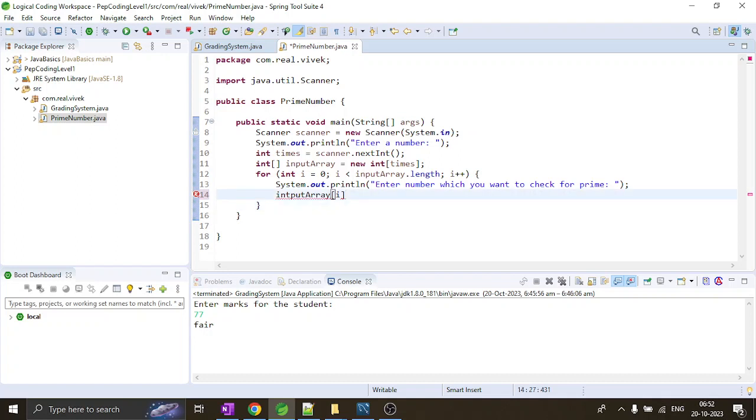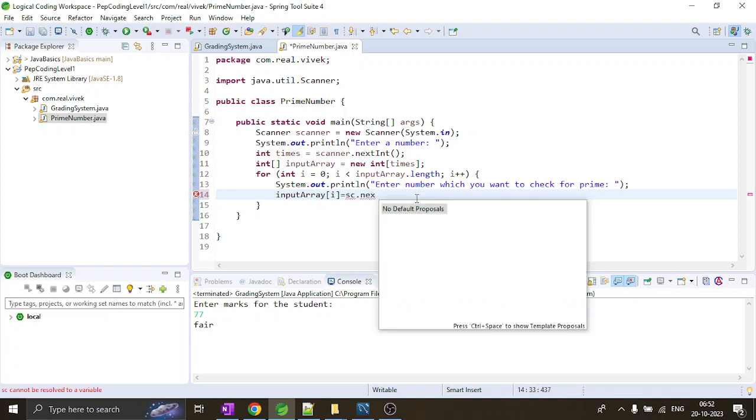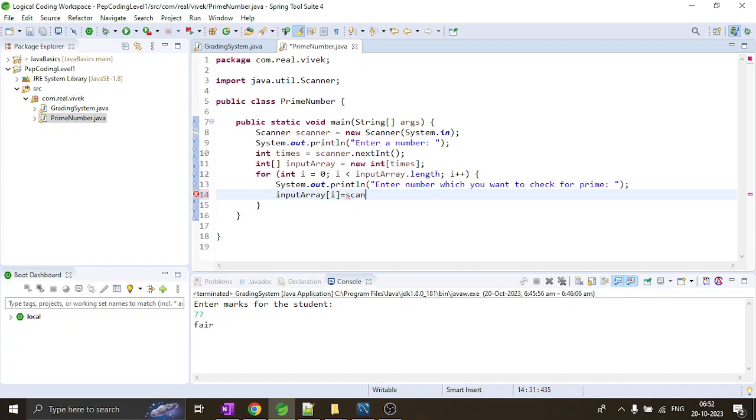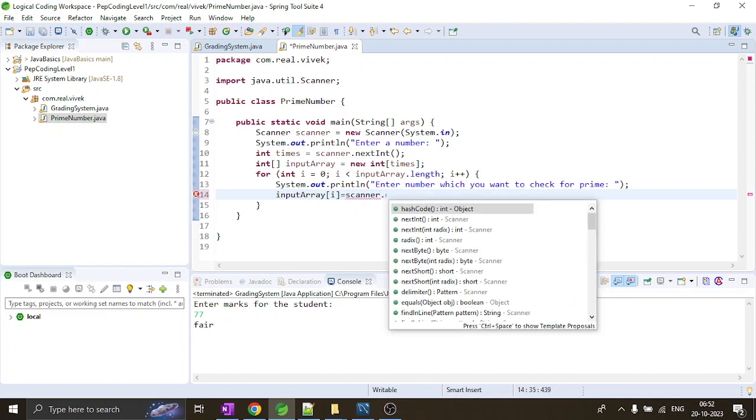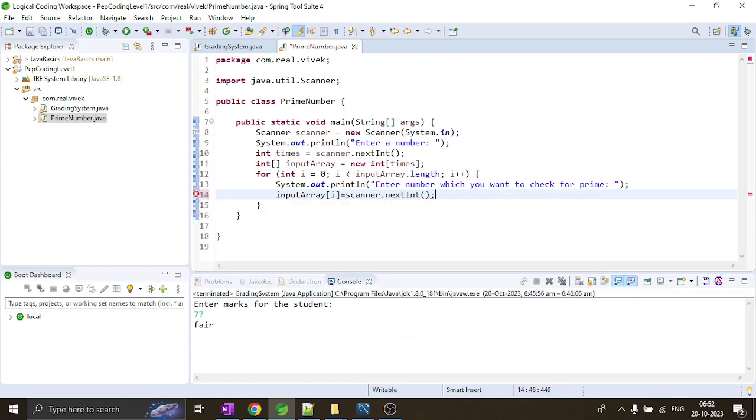Okay, let me copy this. I do make a lot of typos when typing. It is equal to sc.nextInt. Scanner is the variable, right? My bad. So we take it as input.